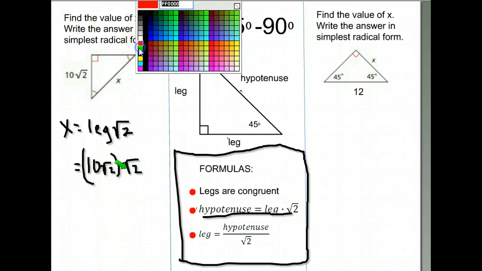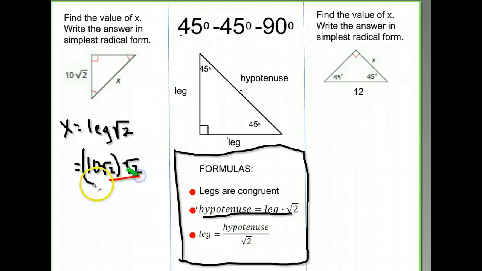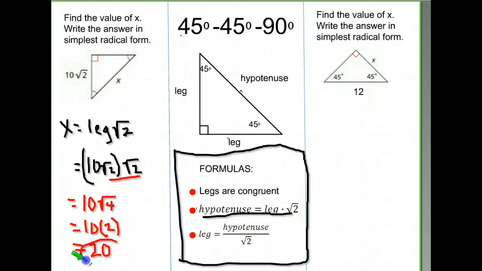The other way you can do it is you can multiply square roots. That would give you 10 times the square root of 4, because 2 times 2 is 4. The square root of 4 is 2, and that gives me 20. But again, you could also do that just using your calculator. You can multiply 10 root 2 times root 2, and it'll give you the same answer.